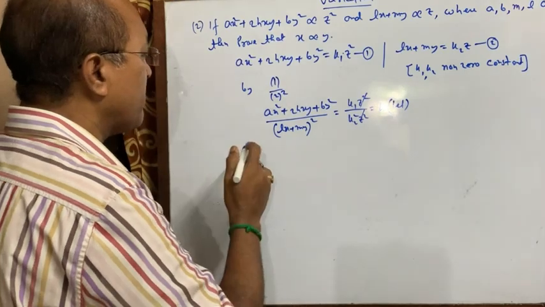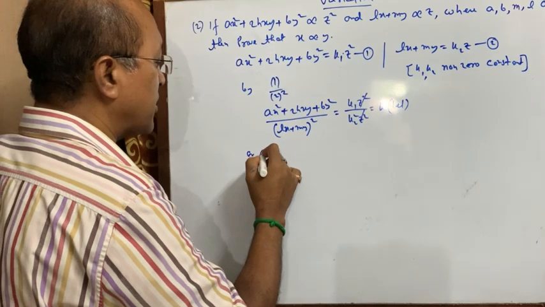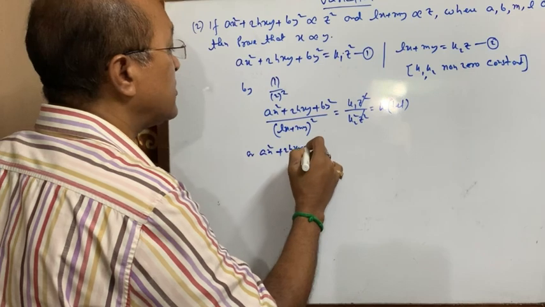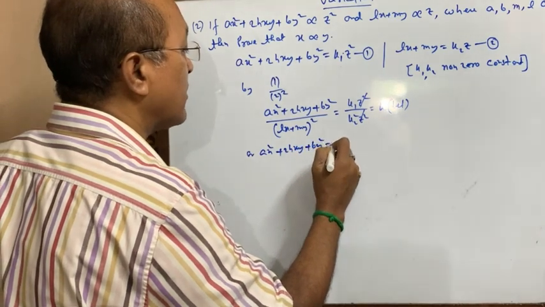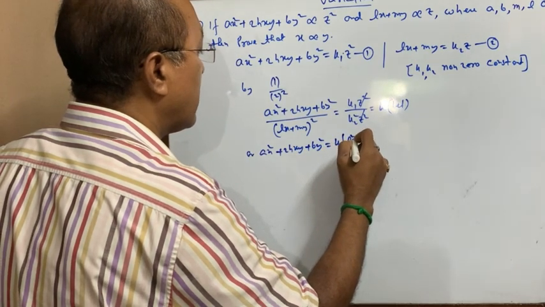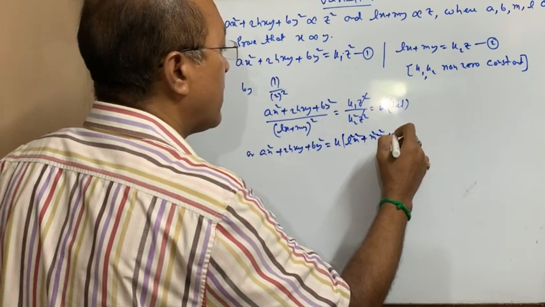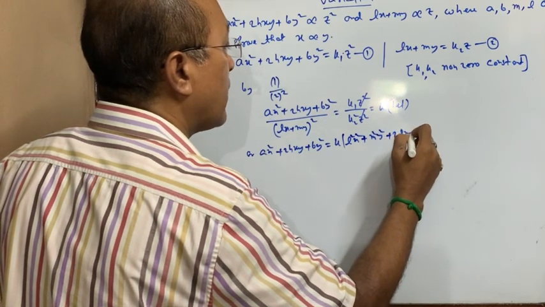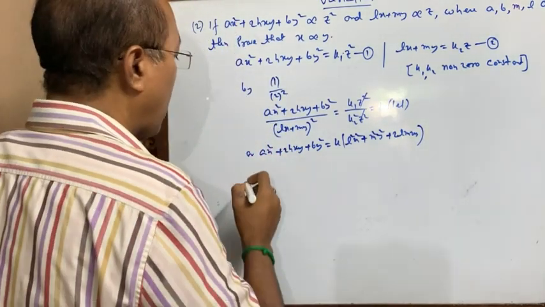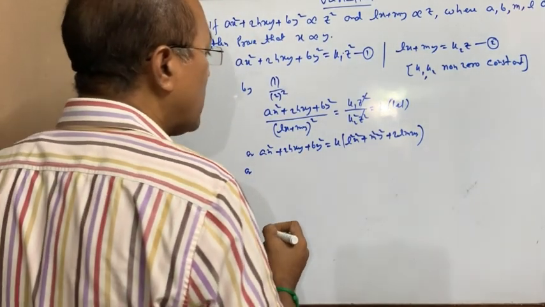Now I'm doing one thing. After cross multiplication, we can get ax square plus 2hxy plus by square is equal to k, this one is L square x square plus m square y square plus 2 lmxy. Okay. Now I am taking all the terms to the left. What we are getting?